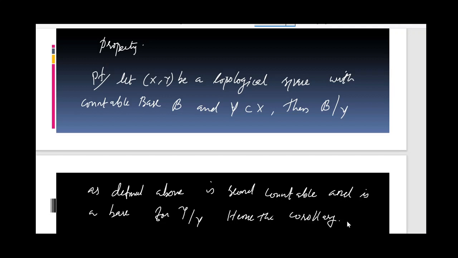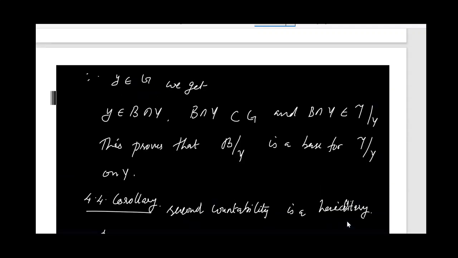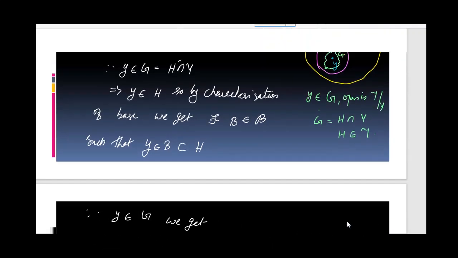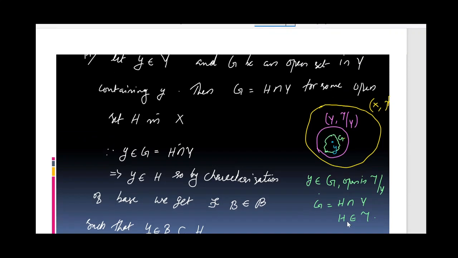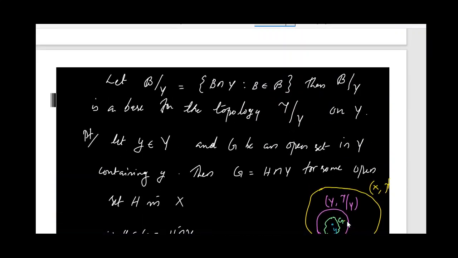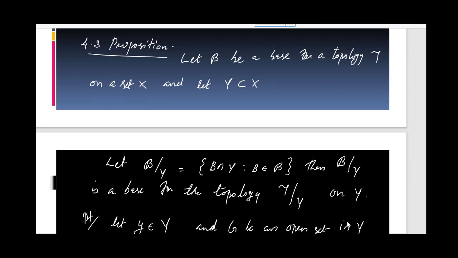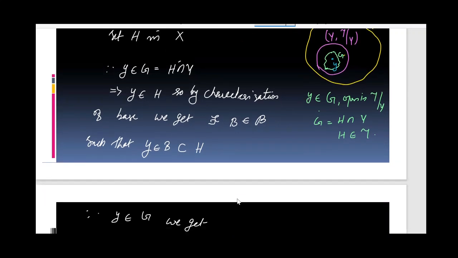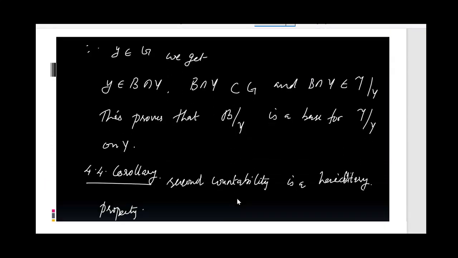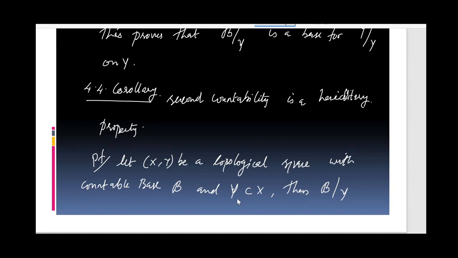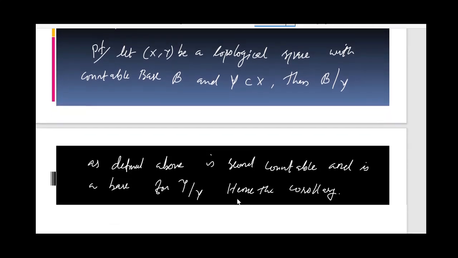From the previous theorem, whenever B is a base for the topology T, then B restricted to Y is a base for the topology T restricted to Y. Suppose script B is countable, then definitely this set is countable, so that will be the base for Y. So every subspace of a second countable space is second countable. So second countability is a hereditary property.